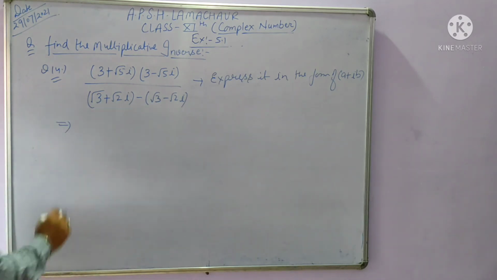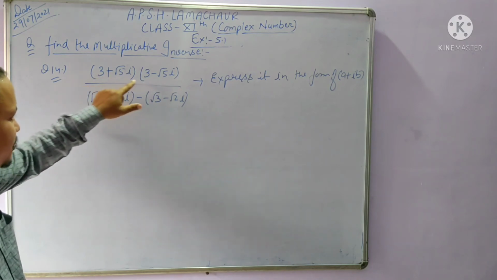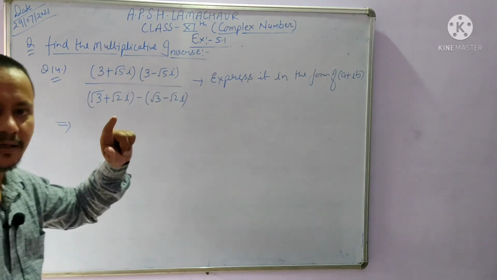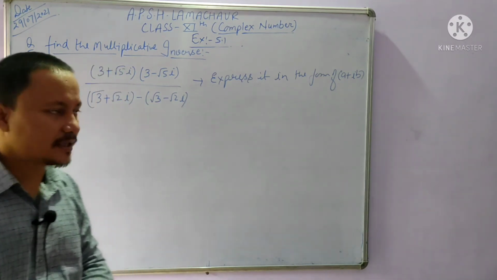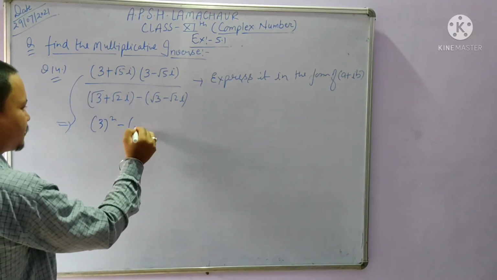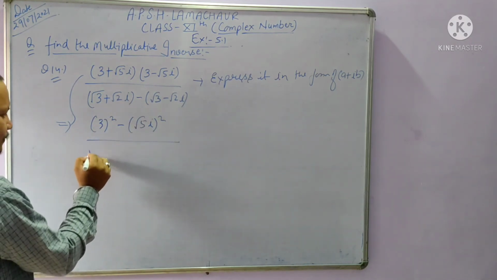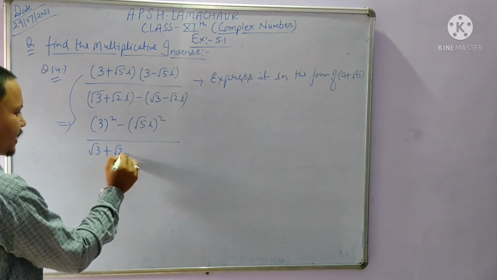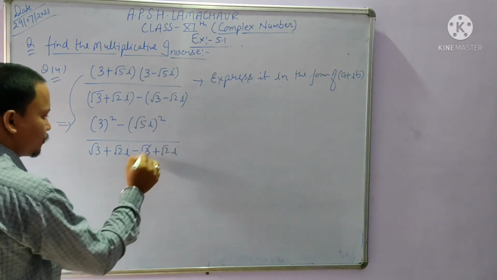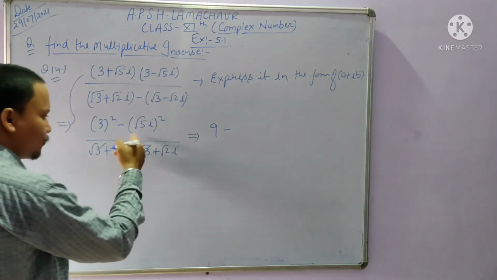First, in the numerator, this is an expression of the kind (a plus b)(a minus b). So (a plus b)(a minus b) are the factors of the expression a square minus b square. We can rewrite it as a square, meaning 3 square, minus b square, meaning root 5i whole square. Now in the denominator, subtract root 3 plus root 2 times iota minus root 3 plus root 2 times iota. So root 3 gets cancelled out. In the numerator we get 3 square, that is 9, minus root 5 iota square.